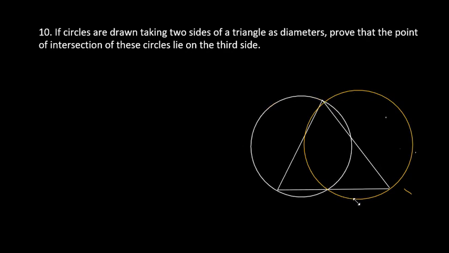Okay, now you can see that when I draw two circles taking two sides as diameter, then what happens? They are intersecting at a point on the third side. This I have to prove.